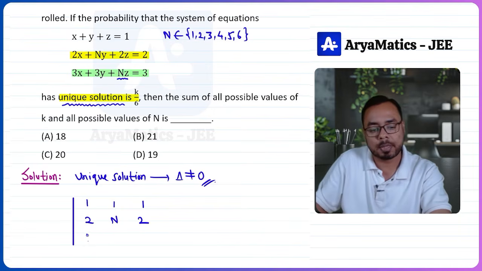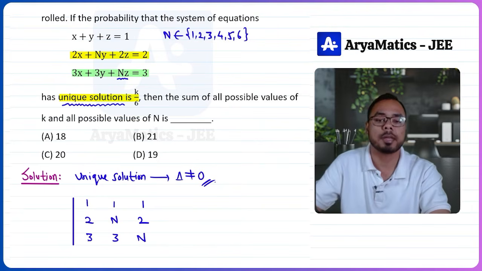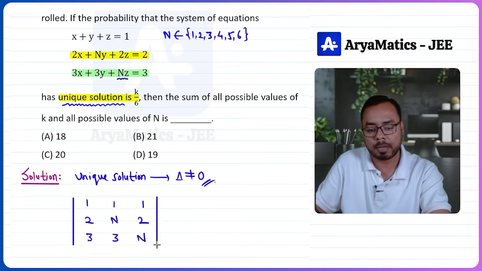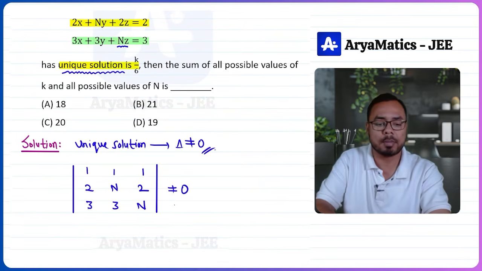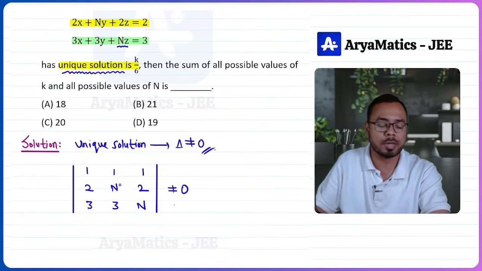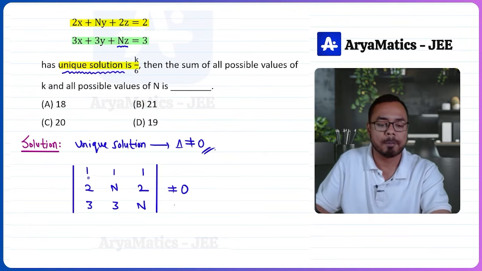And the third row will be 3, 3, n. So this is the determinant of the coefficient matrix. And if the system of linear equations has a unique solution, then this determinant must be non-zero, right? Now, if you want to solve this one, you can create two zeros and then expand, because the first row has 1s, or directly also you can expand.